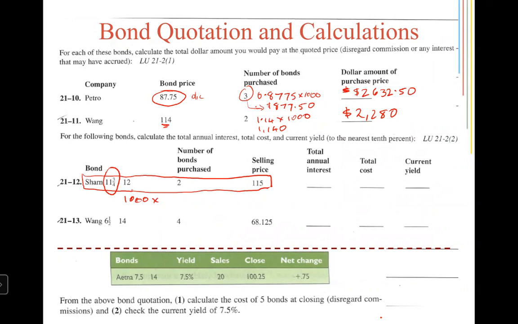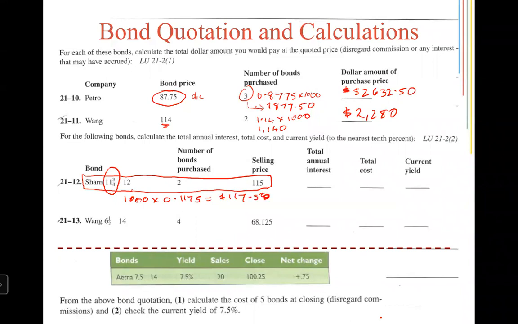When you change that to a decimal, 11.75% is 0.1175. When you multiply that by 1,000, you're going to get $117.50.